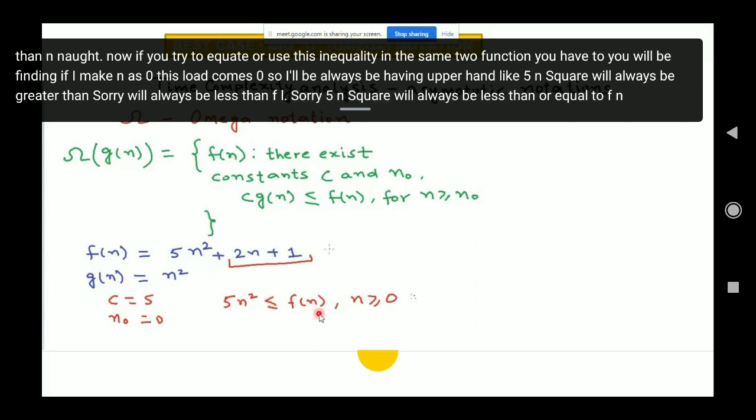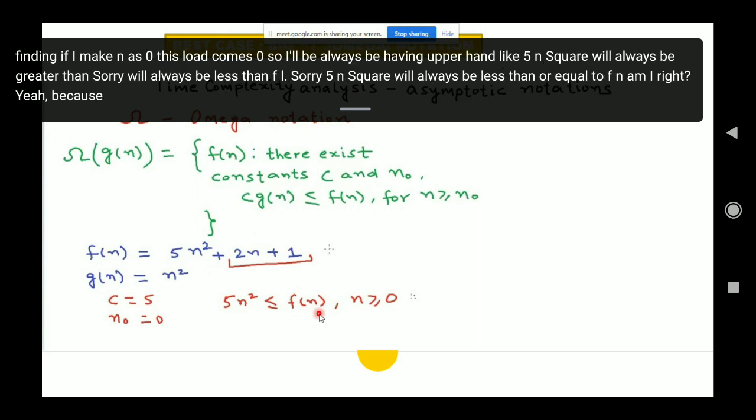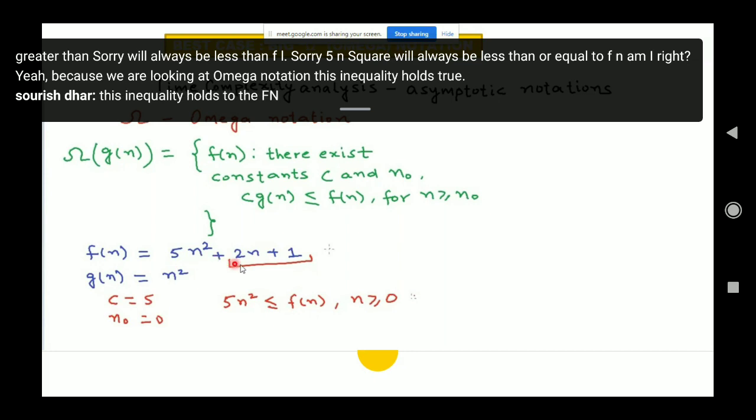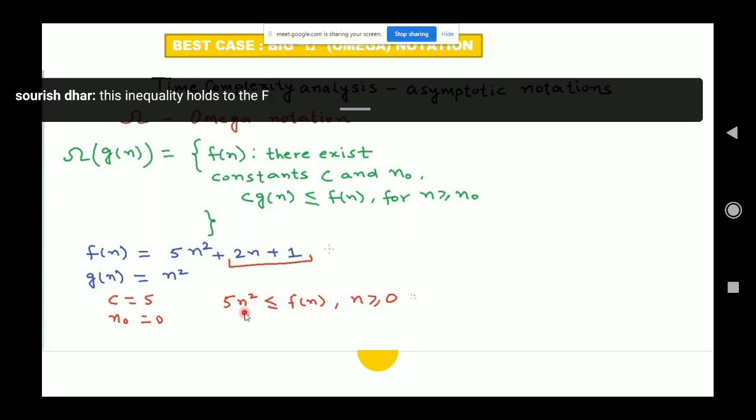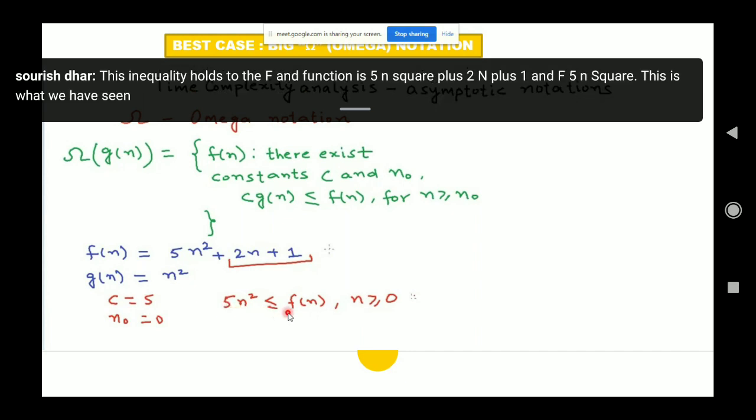Am I right? Yes, because we are looking at omega notation. This inequality holds true. The f(n) function is 5n square plus 2n plus 1, and 5n square will always be less than f(n).